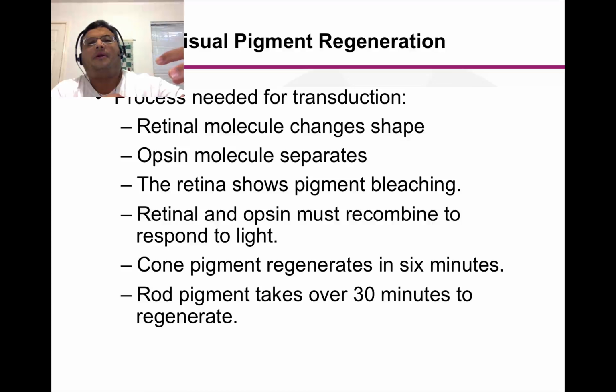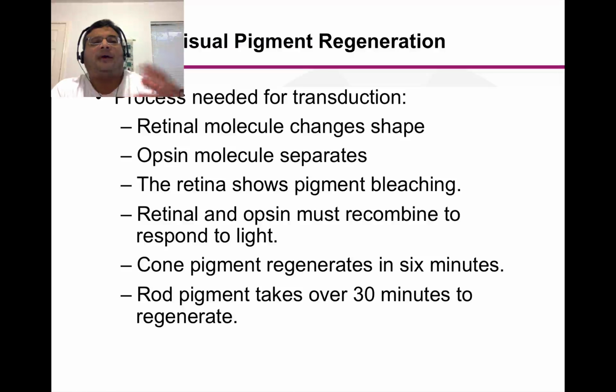They break apart. And that process where you have lots and lots of opsin and retinol molecules broken apart is called retinal bleaching, where you have a lot of retinol and a lot of opsin that's separated because you've been using your eye a lot. You've been looking at a lot of light.